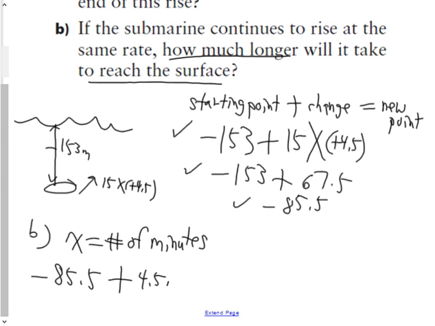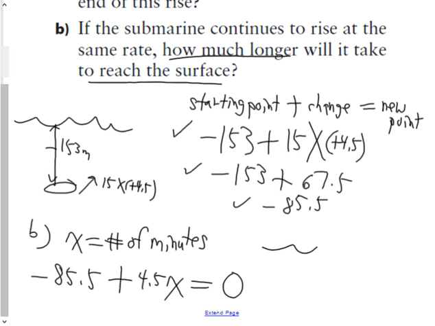So since we have assigned X to be the number of minutes, our algebraic expression will be negative 85.5 meters, which is where it currently is, plus it rises 4.5 meters for every minute. So that's going to be 4.5 multiplied by X, the number of minutes. And that has to equal what number? This has to equal 0.